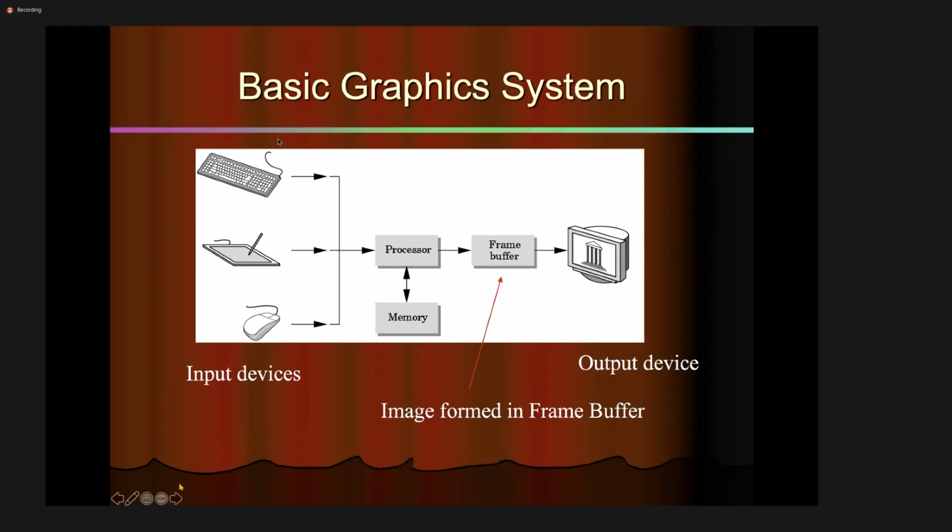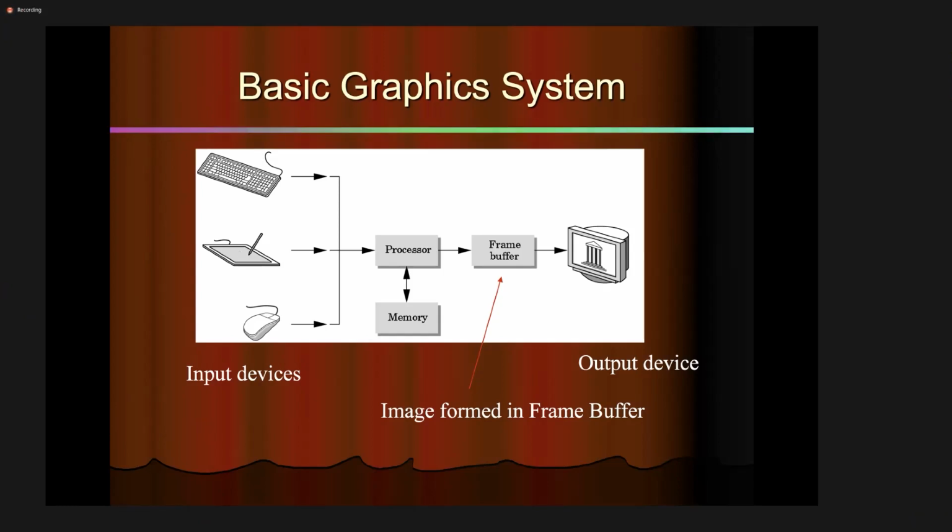When we look at the input devices, we can have graphic input devices such as mouse, keyboard, tablets, and also drawing tablets or pads. All these can be taken as graphic input devices, where you type something and it goes to the display device. When you draw something on the tablet, it goes to the display device.